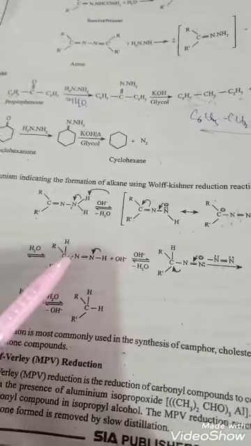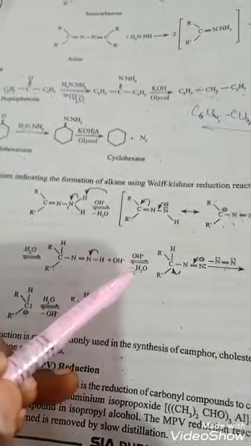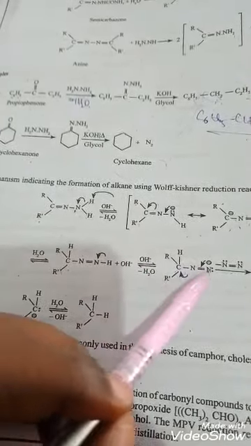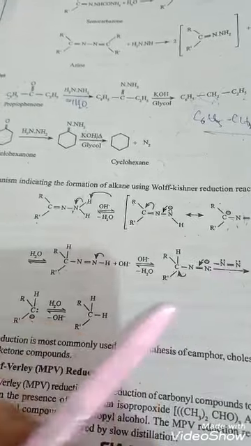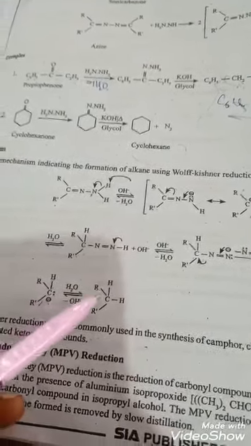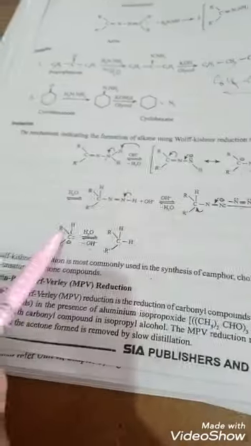In the presence of H2O, what happens? R CH R' N double bond N H plus OH-. So in the presence of OH-, H2O is formed. So R CH R' N double bond N, and the N2 molecule is formed. So R CH R' H gives the product. This is the mechanism.